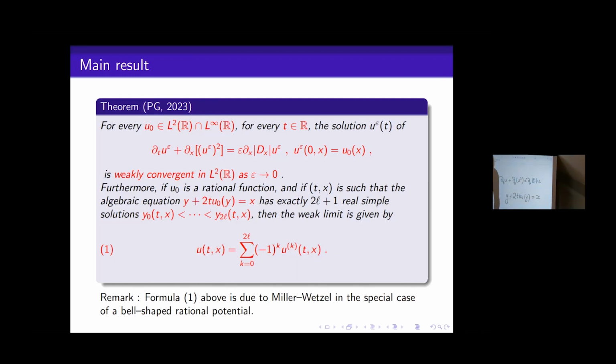So remember, this u0 is a rational function, which means that it's the quotient of a polynomial p of degree at most 2n minus 1, and a polynomial q of degree 2n, because it cannot have a zero on the real line. And so this equation has degree 2n plus 1.